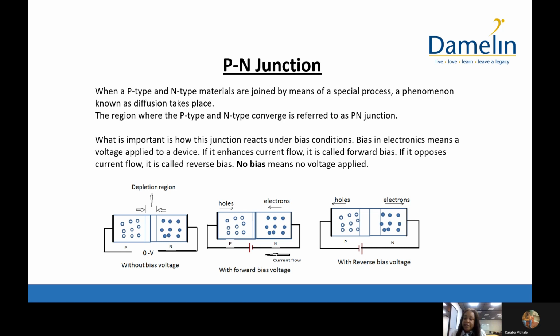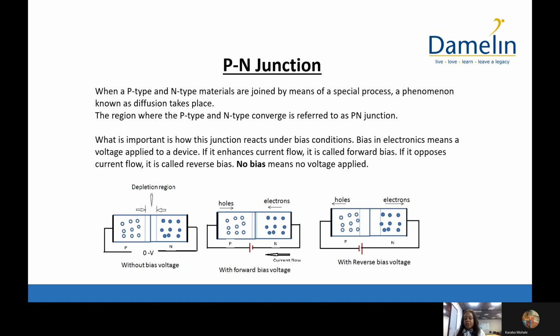So biasing is done when we add a power supply to the material. You can see in the first diagram there is no biasing, no power supply added. So it's a normal p-n material with a normal p-n junction and depletion region. Nothing is going on.